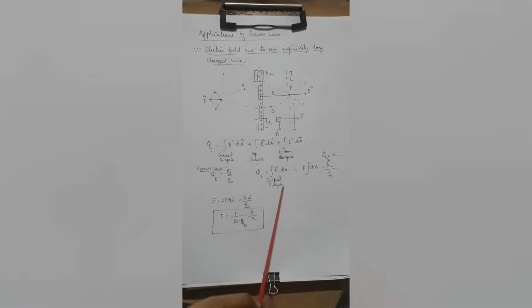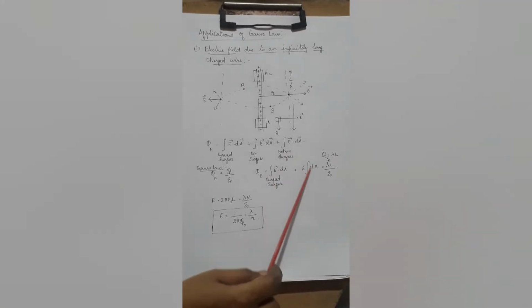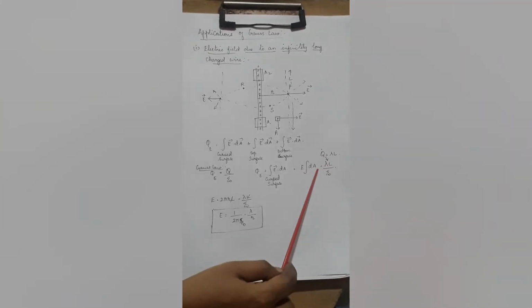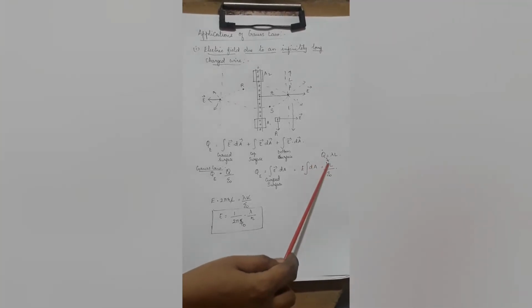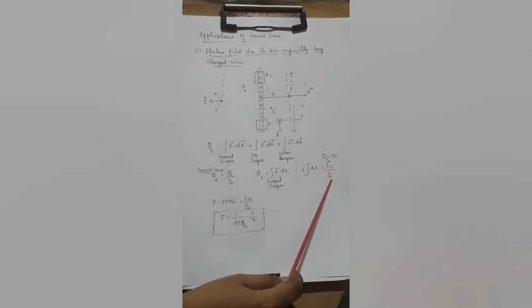Before that I will integrate this. In the integration, E is going to be taken outside because the integrating element is only dA, which is going to be equal to surface charge density into length by epsilon naught.